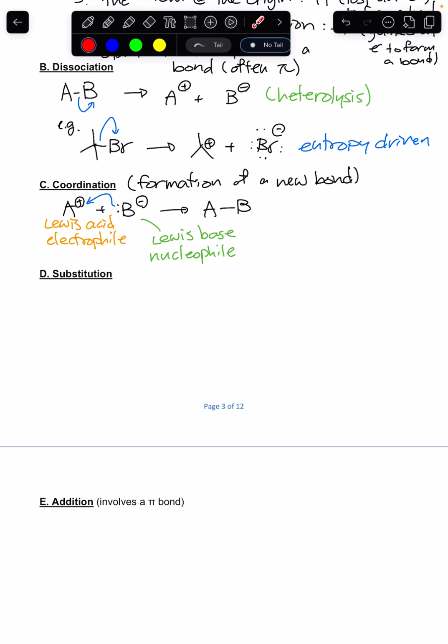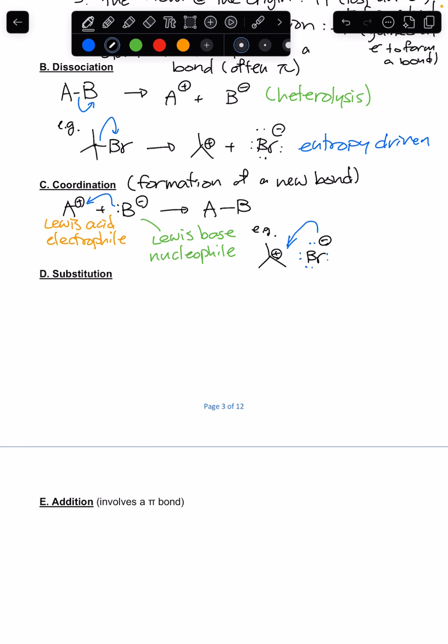So what's an example of this? Well, the carbon cation that we talked about earlier is indeed able to react with an anion like this.